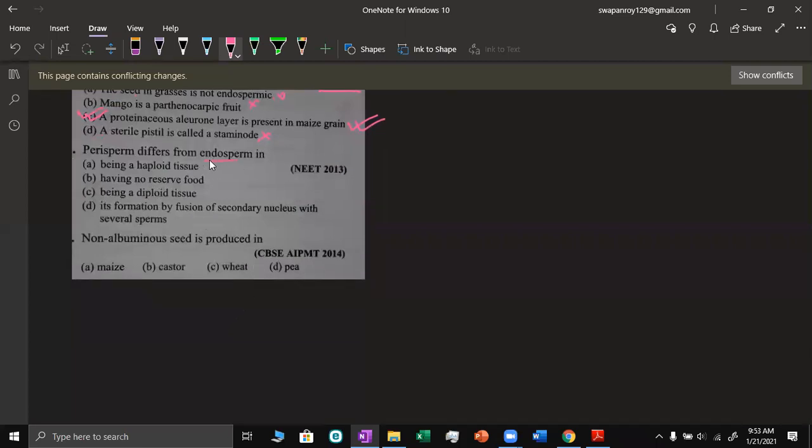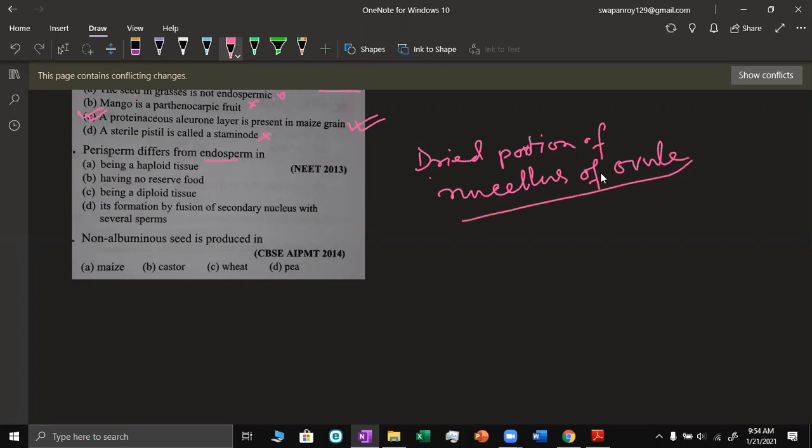Perisperm differs from endosperm. Of course, perisperm is not in the NCERT book. Perisperm is the remnant of the dried portion of the nucellus of the ovule. That is called the perisperm.